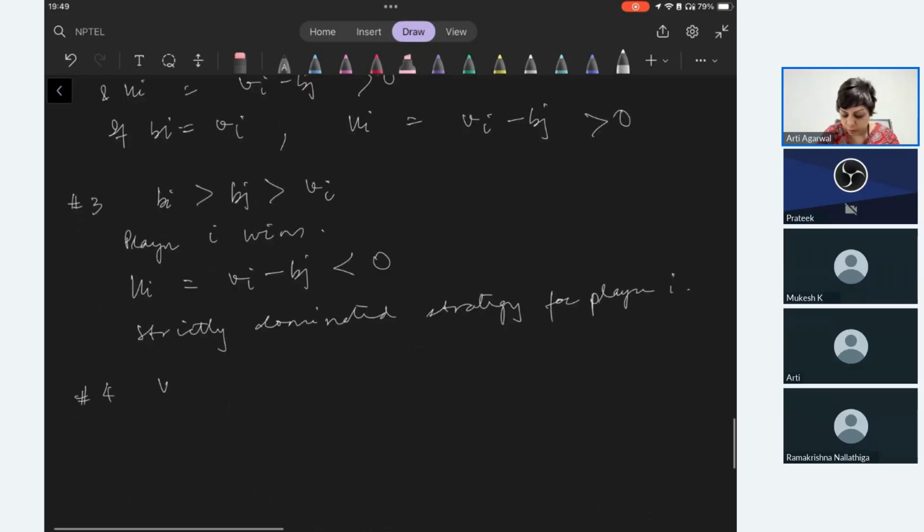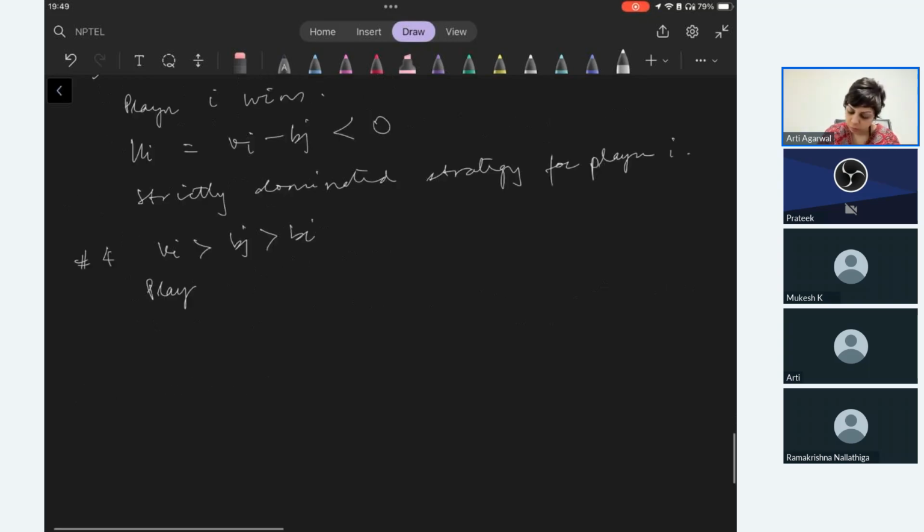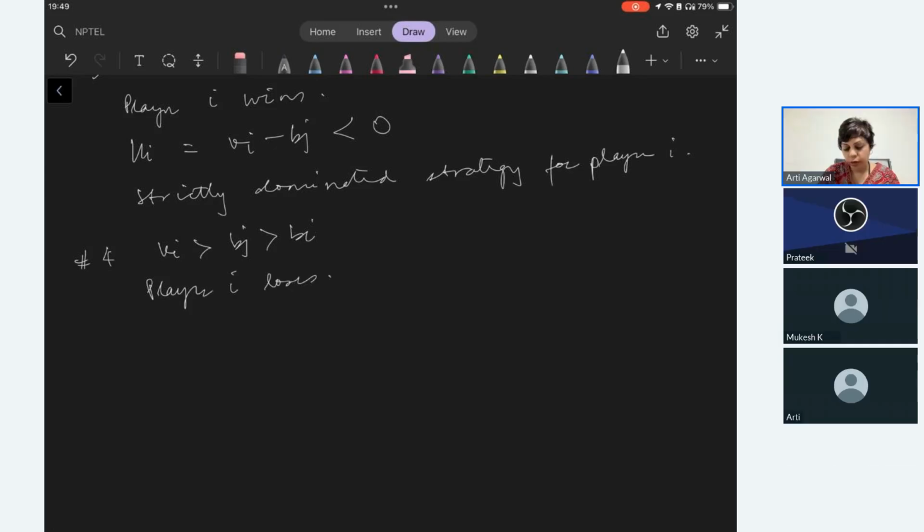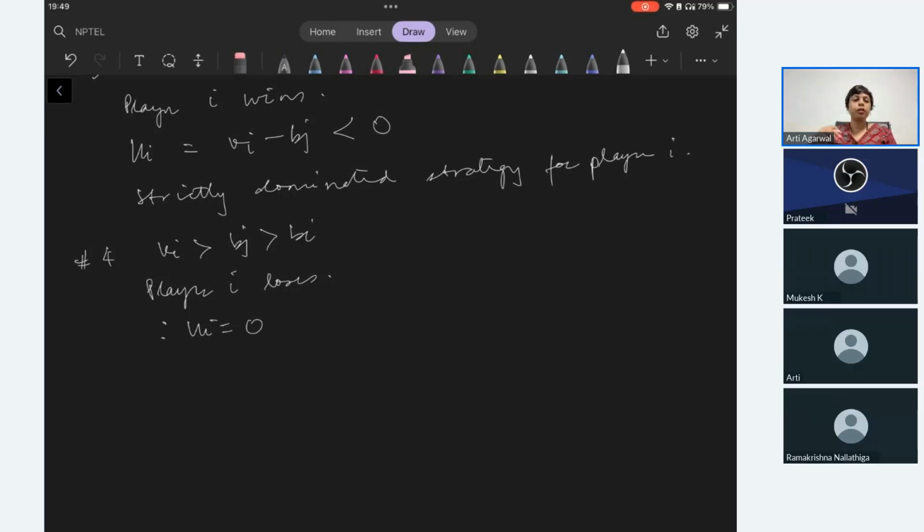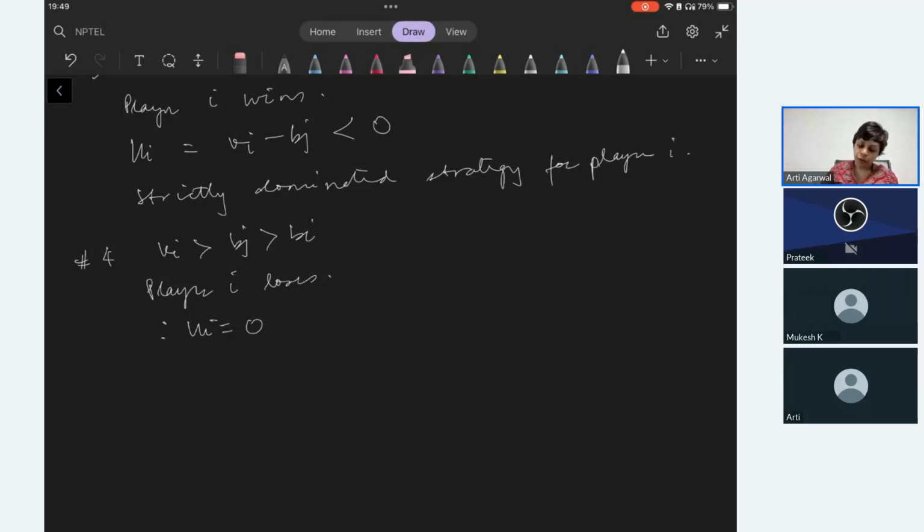Yeah, this is a redundant case actually, because in this case, player i loses. Therefore, ui is 0 because this is a second price sealed bid auction, right? So in this case, if your valuation is higher than bj and your bid is lesser than bj and is lesser than your valuation, you're losing. So your payoff is anyways 0.